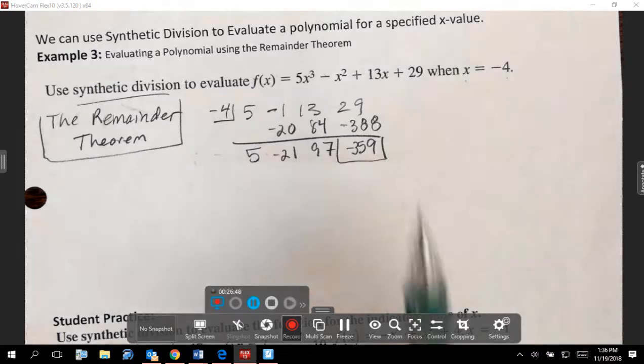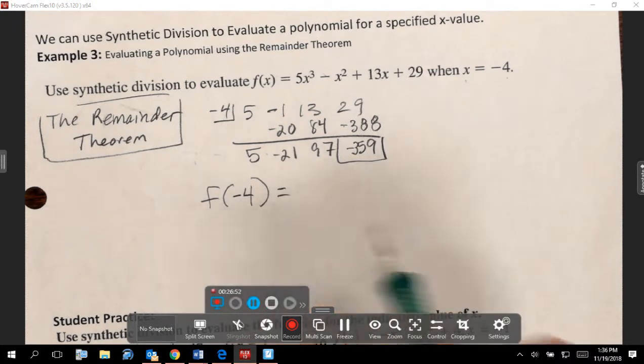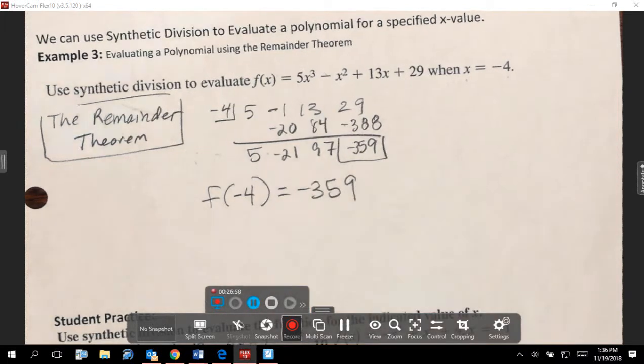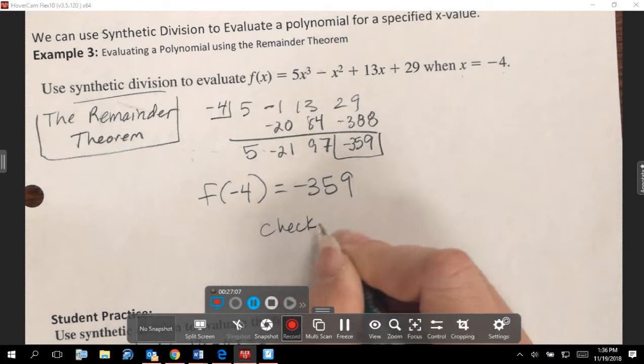What this means is if I were to plug in -4 into the equation, I would get out -359. The remainder is what you would have gotten if you plugged in -4 into the equation. You're not sure?